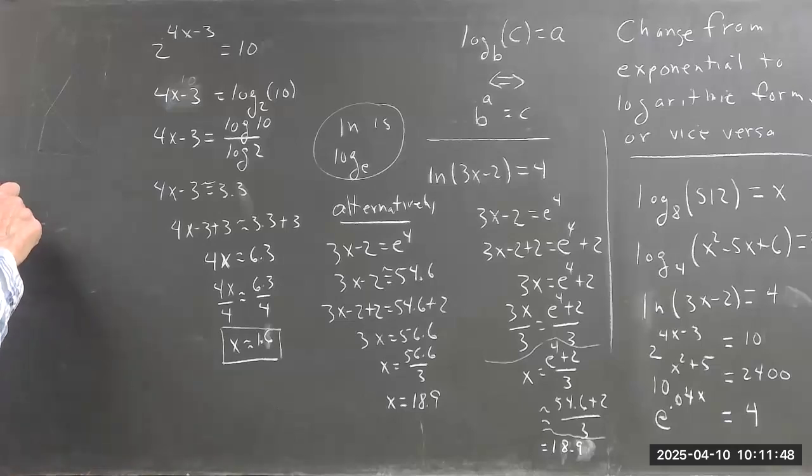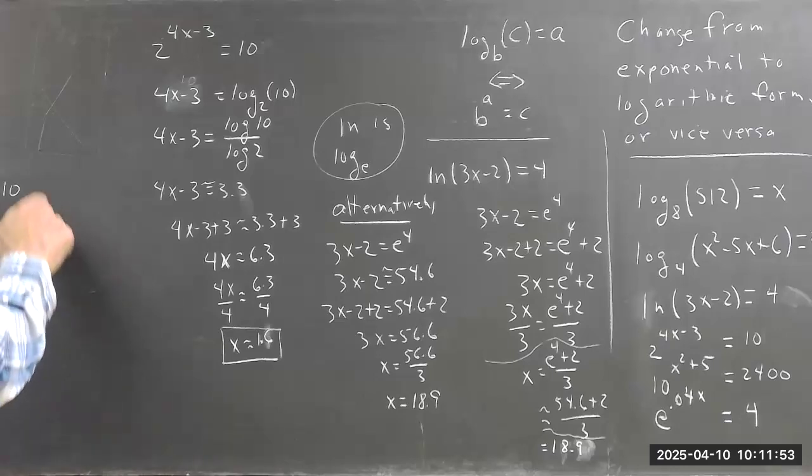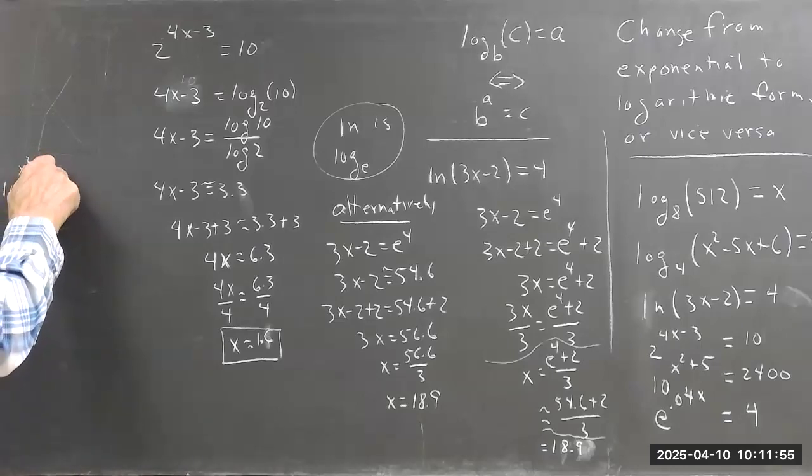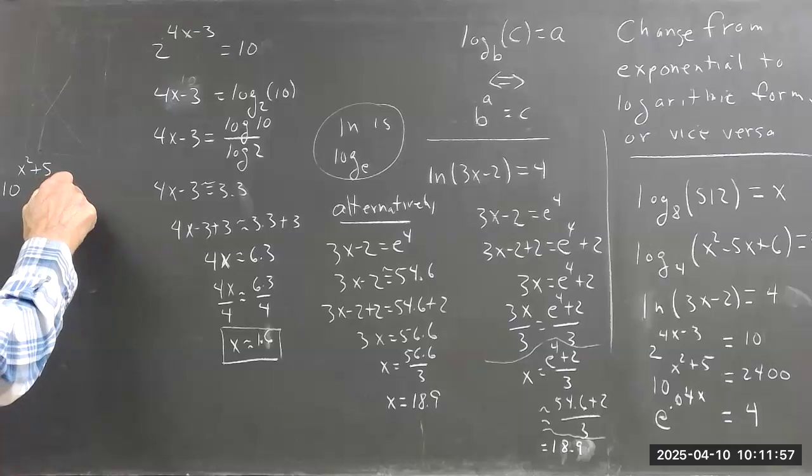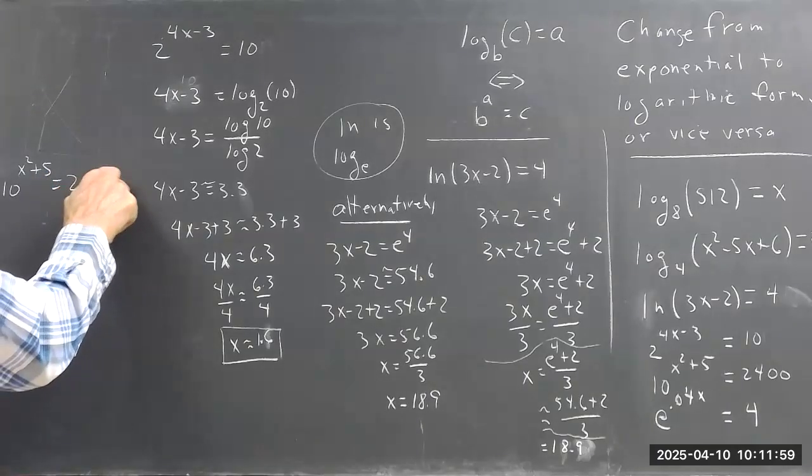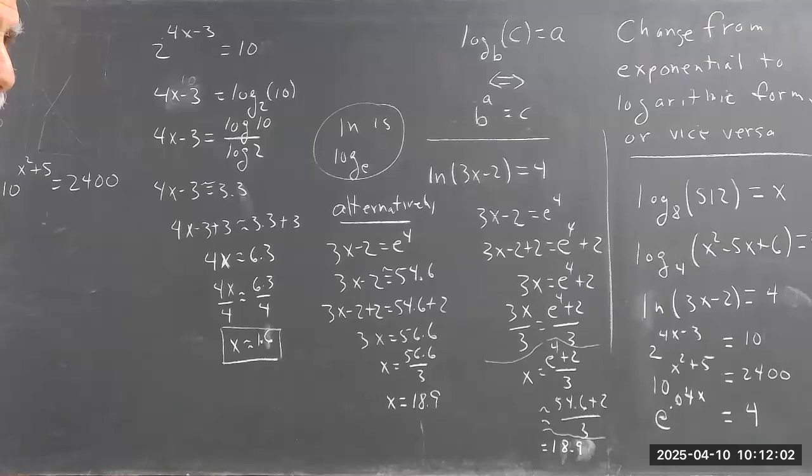Let's try the equation 10 to the x squared plus 5 equals 2,400.